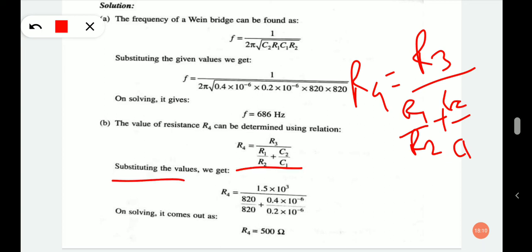After substituting the values, we will get R4 equals R3, that is 1.5 kilo ohm, upon (R1 upon R2, that is 820 by 820, plus C2 by C1, that is 0.4 microfarad upon 0.2 microfarad).